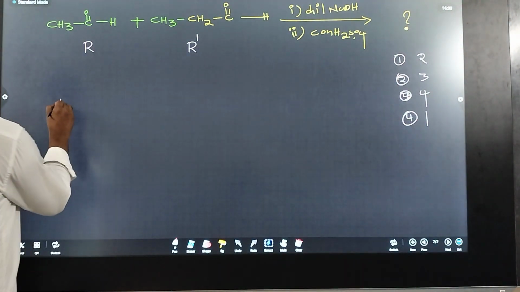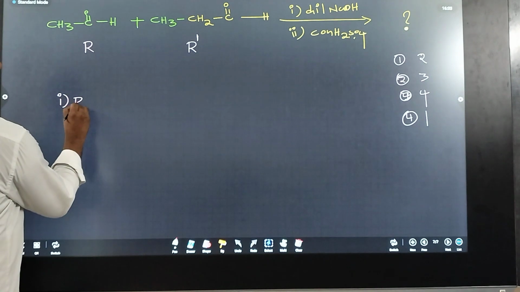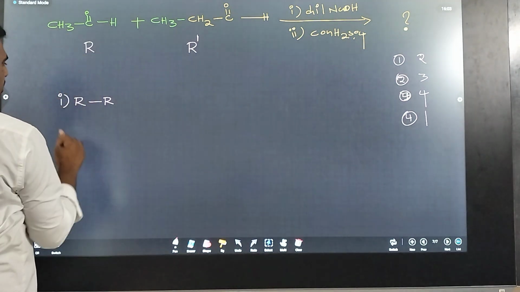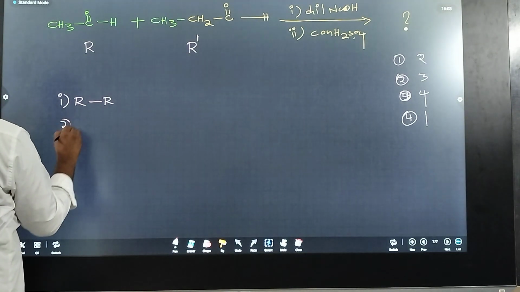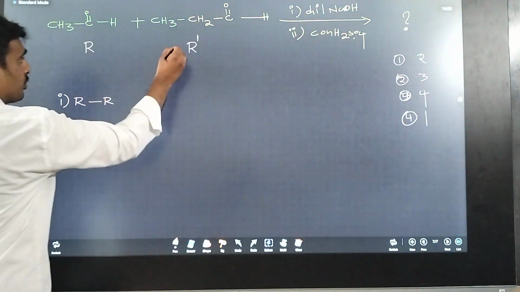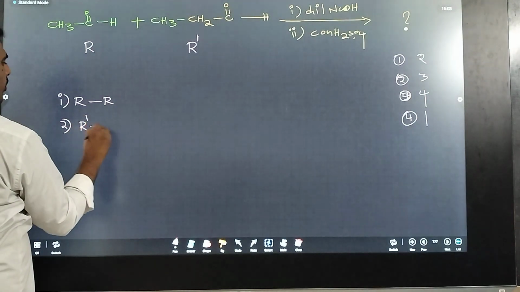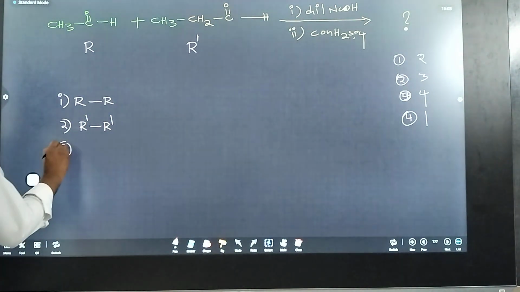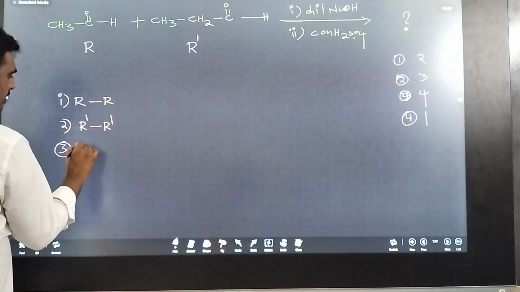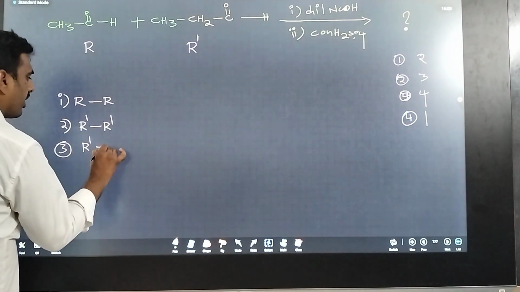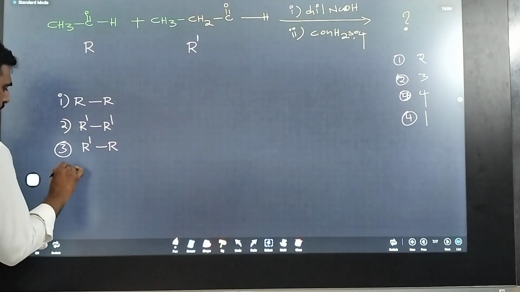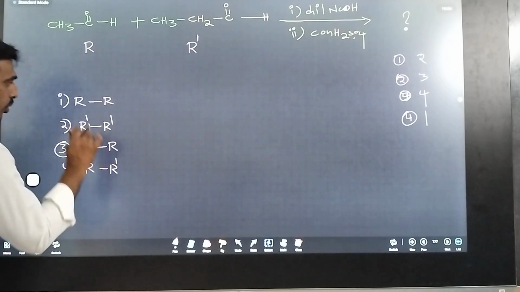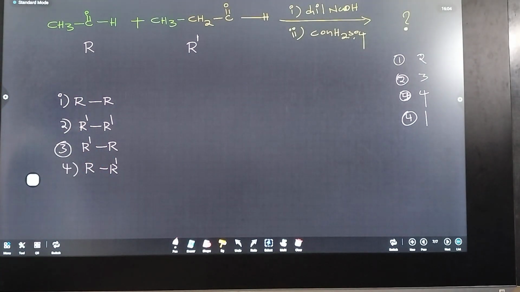First one is RR: 2 moles of acetaldehyde react to give the RR product. Second one is 2 moles of R prime. Then third one is R prime and R. Fourth one is R and R prime. So 4 products are obtained in these reactions.